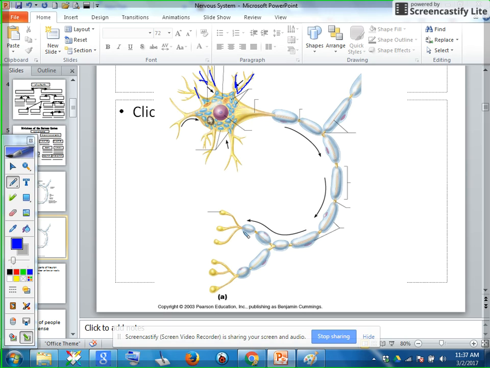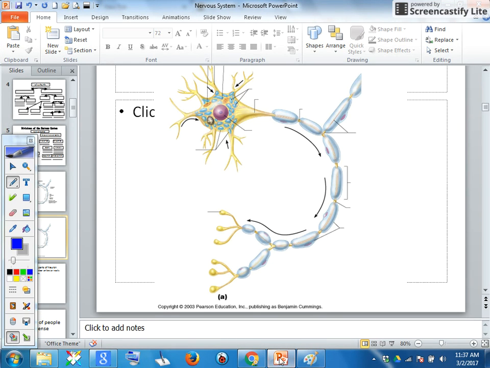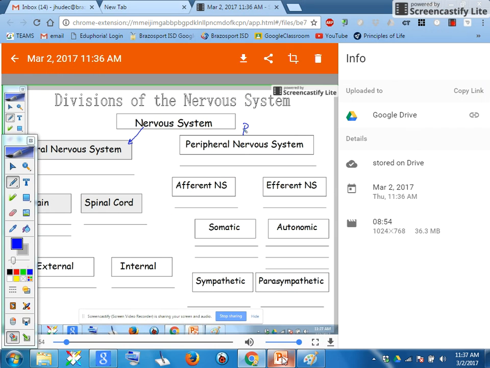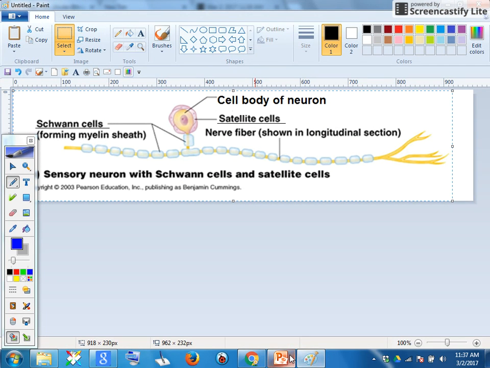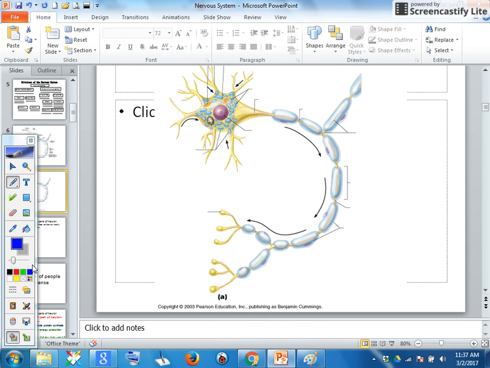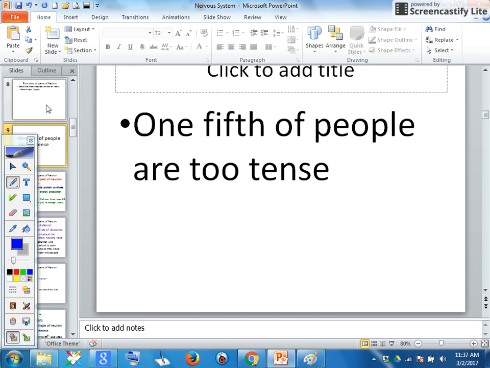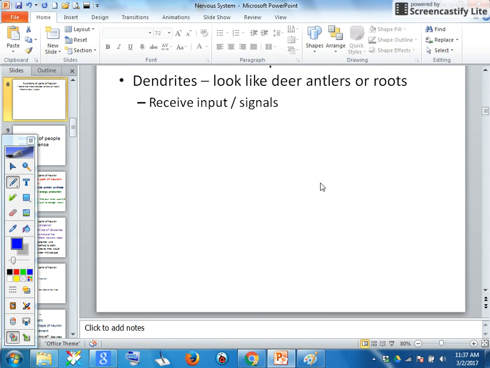And that is the whole benefit of them looking like that all spread out, so that they can get lots and lots of information from all parts of your body. And that is what dendrites are for. They look like deer antlers or roots, and their job is to receive input, receive signals.